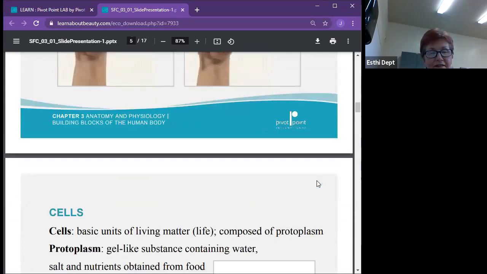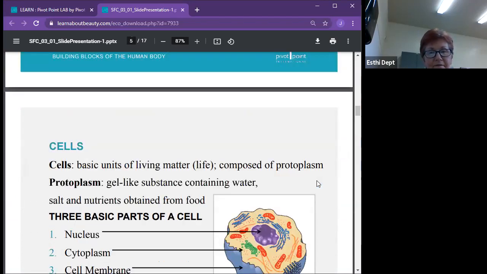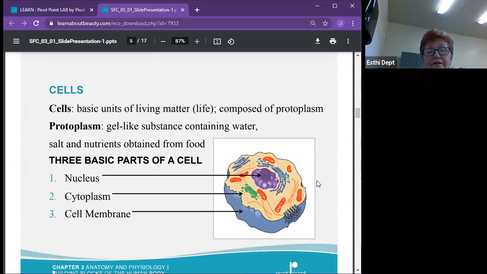All right, cells. This is the basic unit of living matter, also known as life. It's composed of protoplasm, which is a gel-like substance containing water, salt, and nutrients that we obtain from the foods that we eat. There are three basic parts of that cell: the nucleus, the cytoplasm, and the cell membrane.